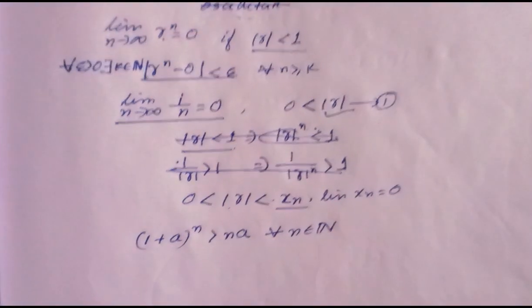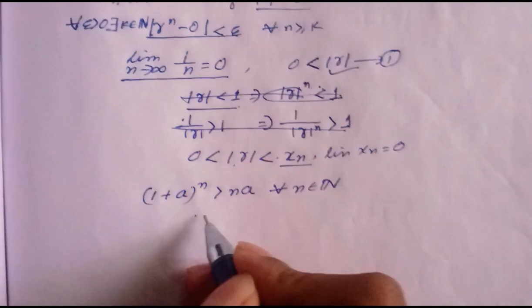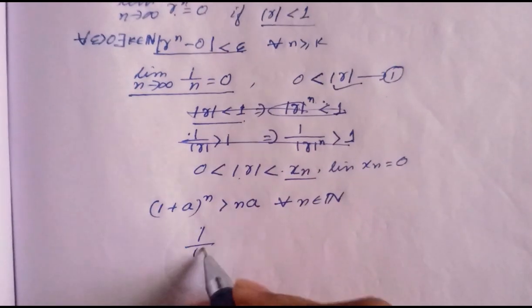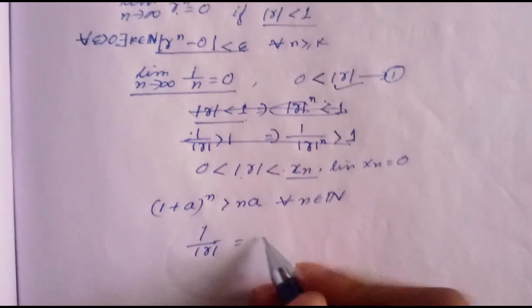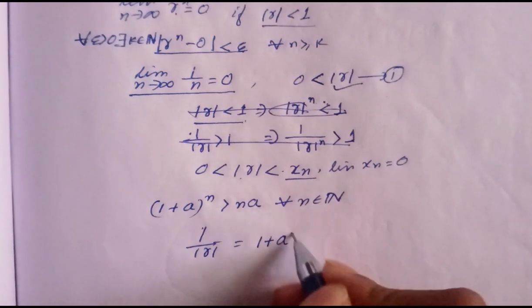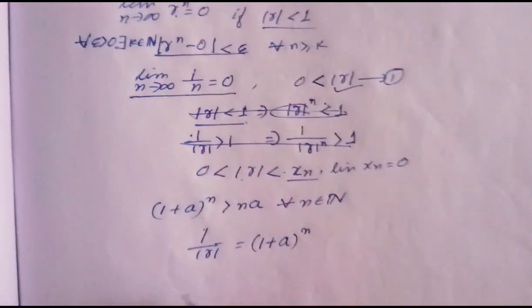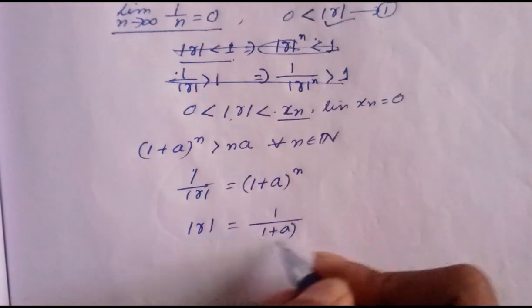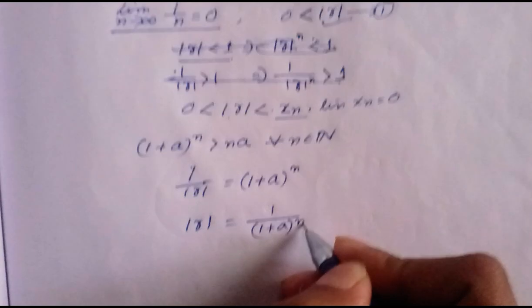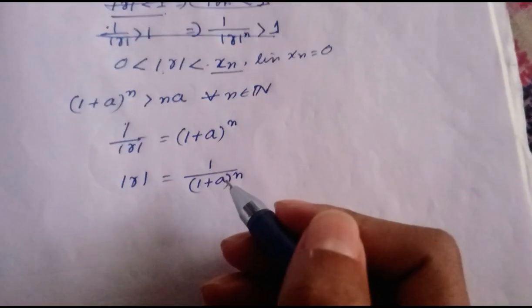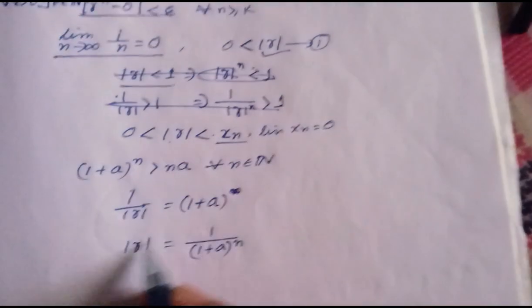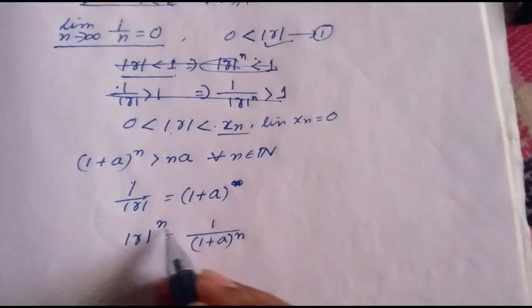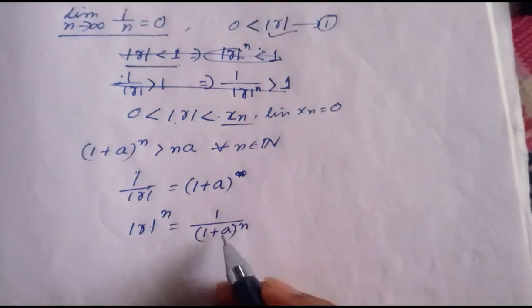So what is the trick? The trick is that we take 1 by mod of r to be 1 plus a. Then mod of r to the power n equals 1 by 1 plus a to the power n.